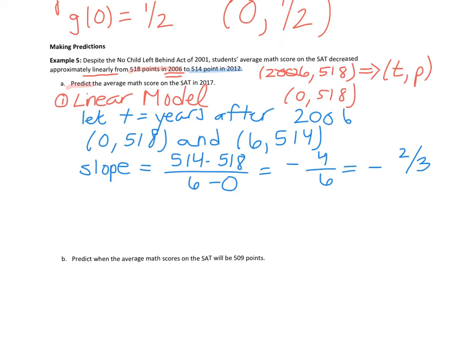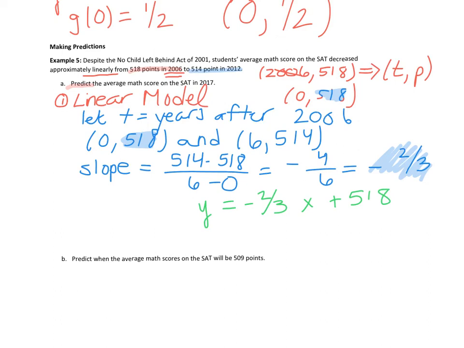Okay, so let's use our slope, and we have a y-intercept. So now, to make this model, we can do it lickety-split. We can say that y equals mx plus b, where m is negative 2/3, and b, our y-intercept, is 518.